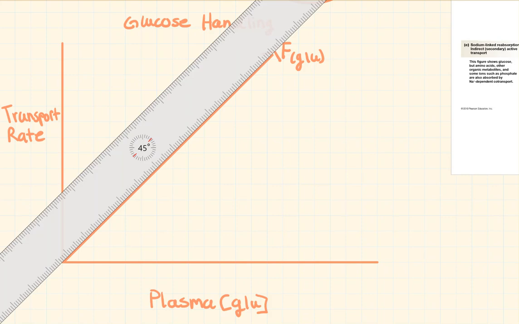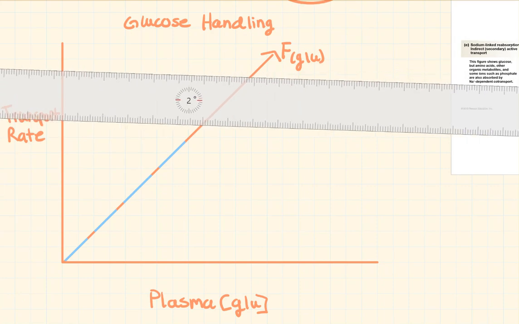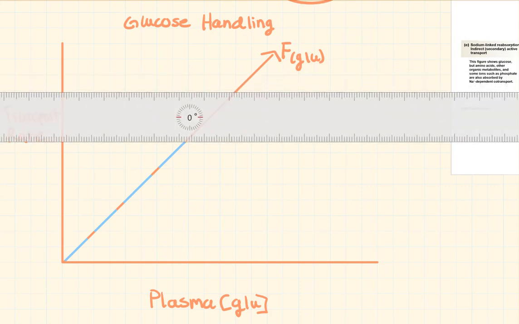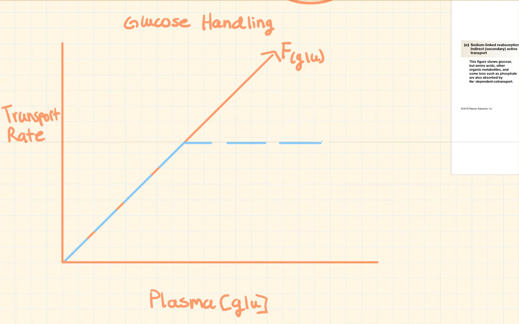All right, so we are going to draw another line, and I'm going to change colors because it's going to be right on top of the filtration line, and I'll make it dashed so you can still see it. So it is going to be right on top of filtration to a certain point, and then it will plateau. So this blue dashed line is the reabsorption rate of glucose.